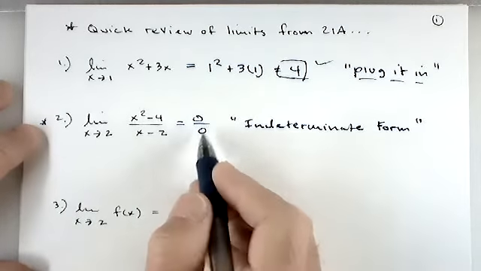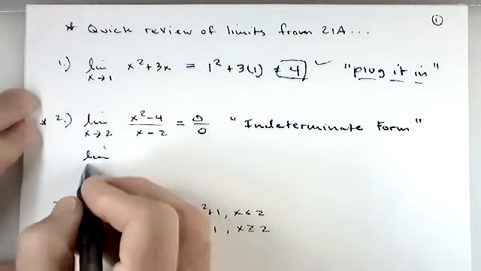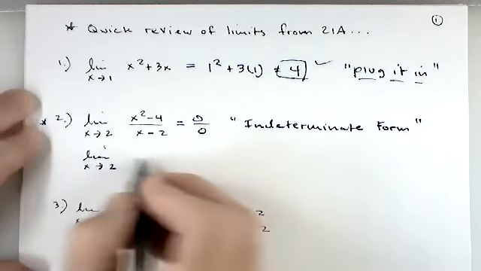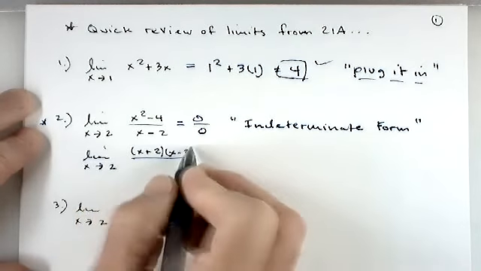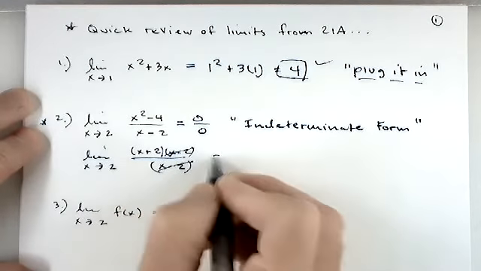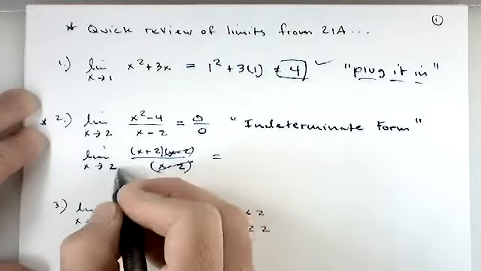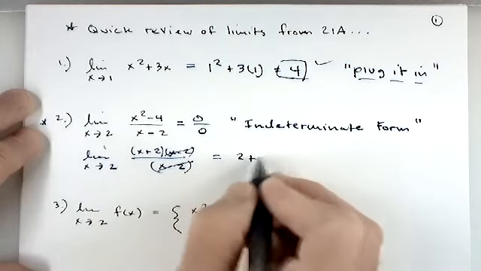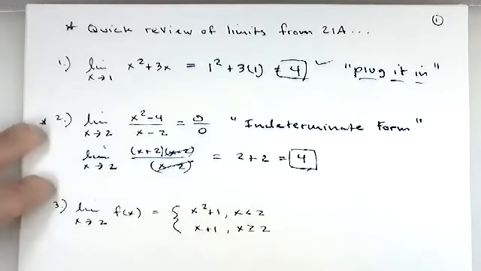And so what else did we do before we knew L'Hopital's rule? You may recall we just did some algebra, right? We simplified this. X plus 2, x minus 2, factor the top, those cancel. And once those cancel out, then I know I'm not going to get 0 in the denominator anymore. So I just plug in 2 to what's left over, and I end up getting 4 for my limit.